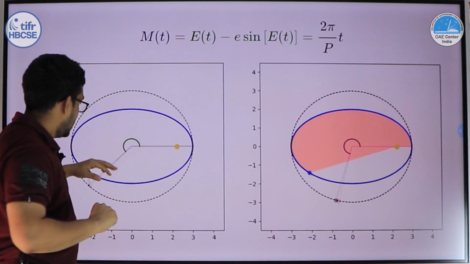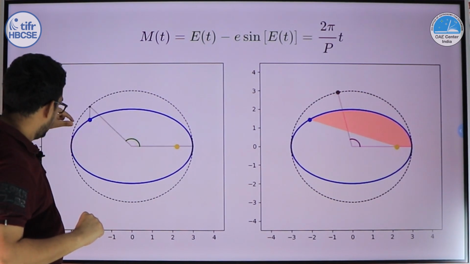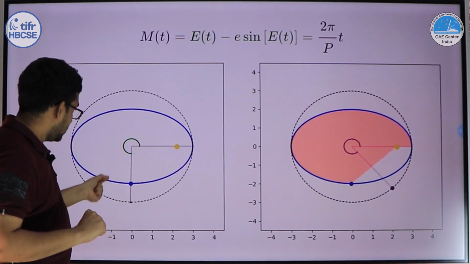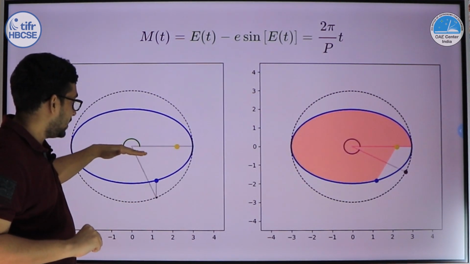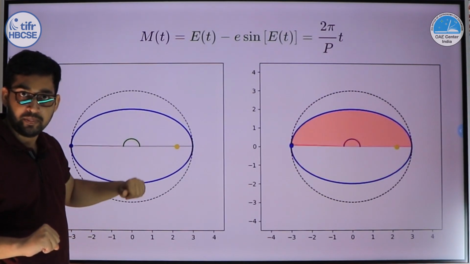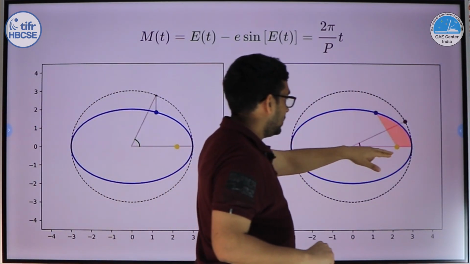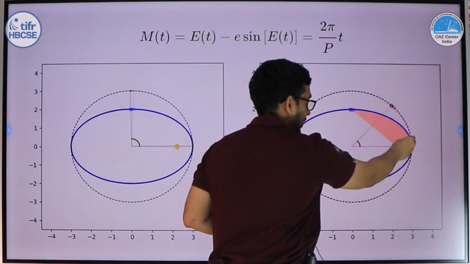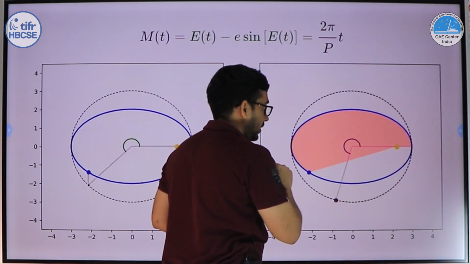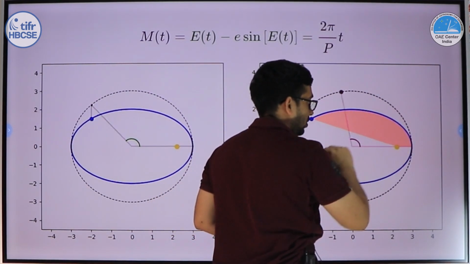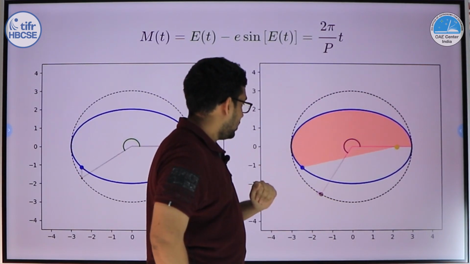Again, if we refresh, this green angle is our eccentric anomaly, the angle between the projected position, origin and perihelion. The eccentric anomaly will be 0 when the planet is at perihelion, and similarly the true anomaly, the angle between perihelion, sun and the planet, will again be 0 at perihelion and 180 at aphelion.